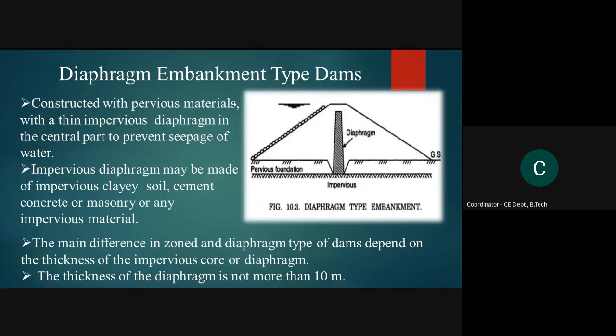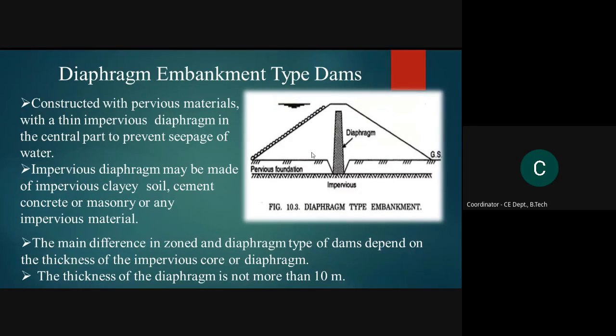The diaphragm is the layer in our body which separates the upper part of the body from the lower part. The upper part is where the lungs and the heart are situated, and the lower part is where the stomach and the small intestine are situated. So the function of the diaphragm is to separate one part from another.